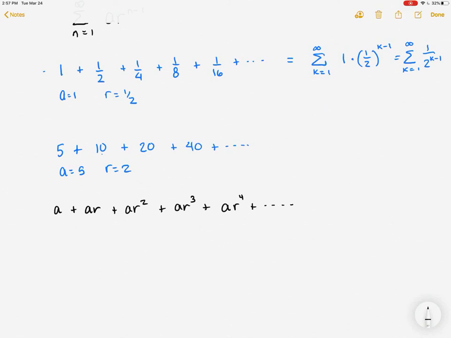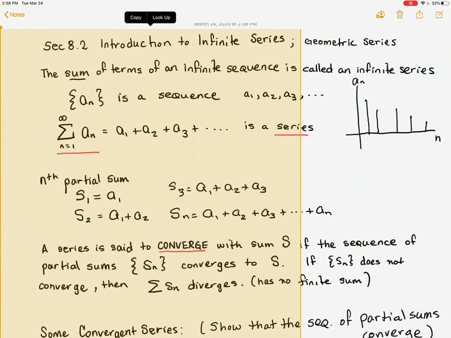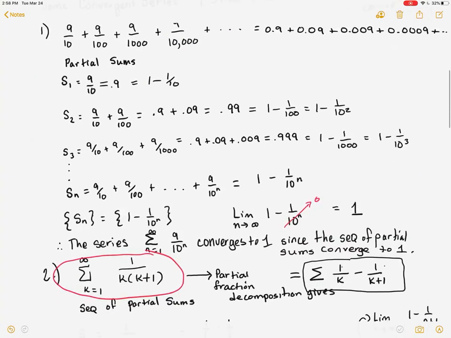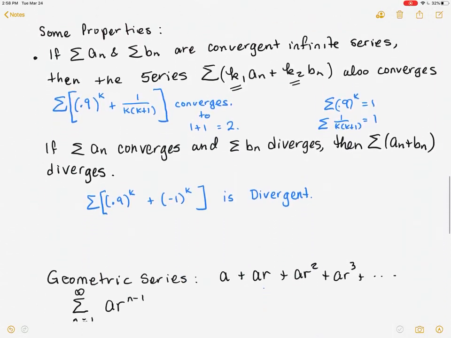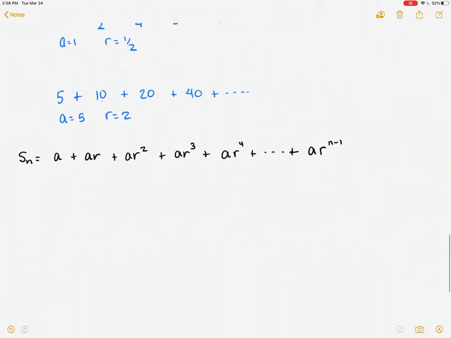Let's just stop it at the nth term. So let's call this the nth partial sum. So the first term is here, second, third, fourth. So the nth term should have 1 power less on the r than whatever the subscript is.